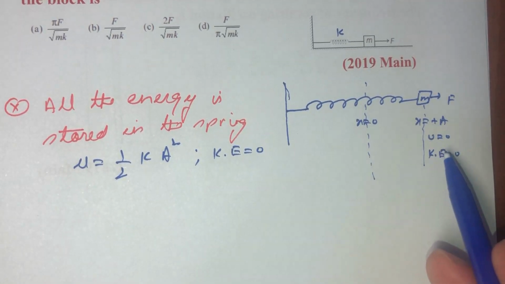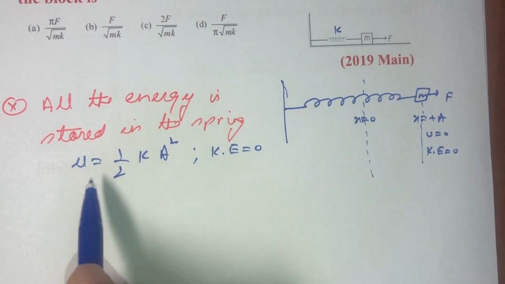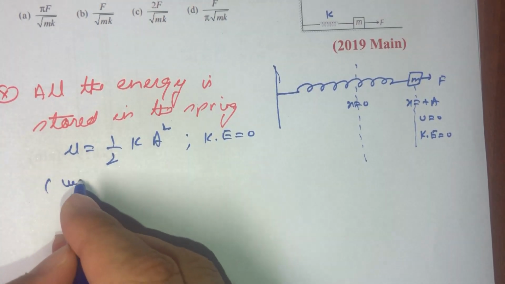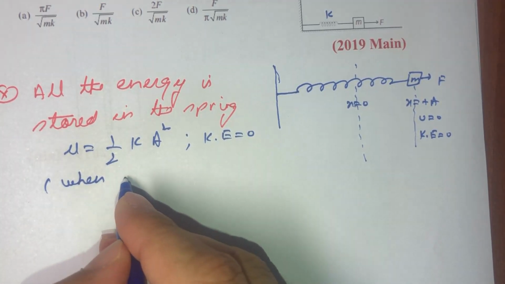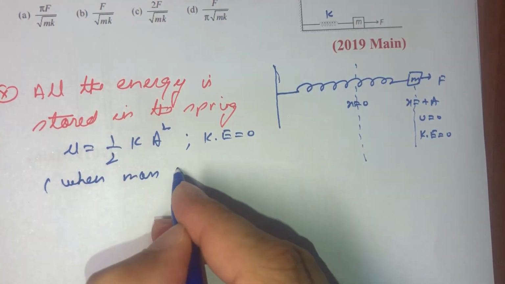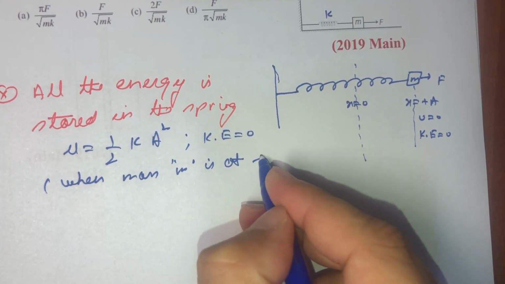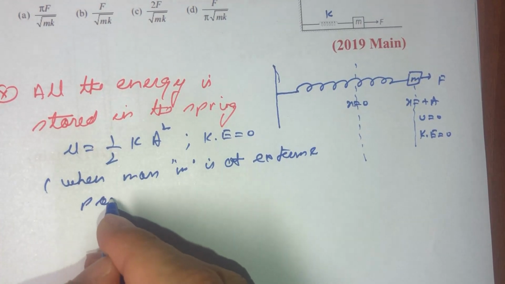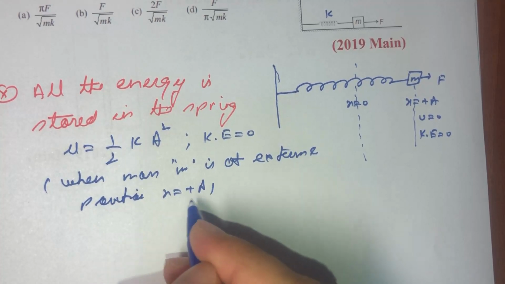This is when mass m is at the extreme position, that is x equal to plus a.